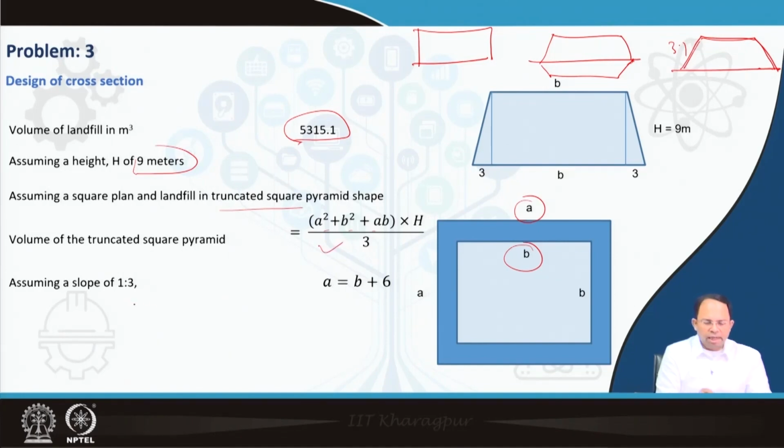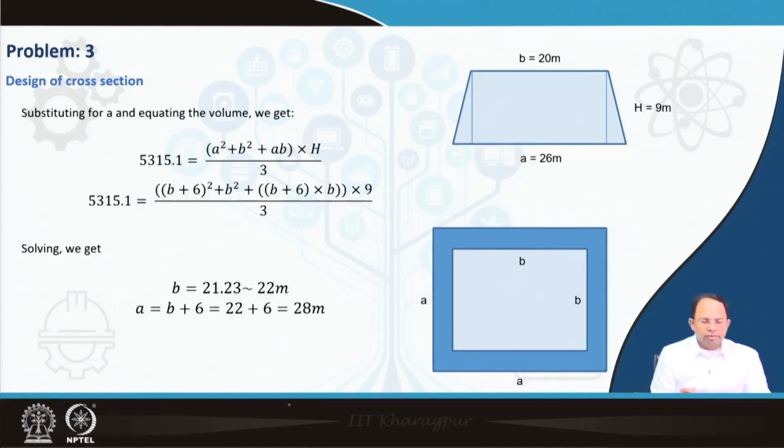And when we calculate it, assuming a slope of 1:3, a is equal to b plus 6. So a is b and 3, this is 3 meters on both sides. So b plus 6 is a, and we can estimate it over here. We can replace each a with b plus 6, right?